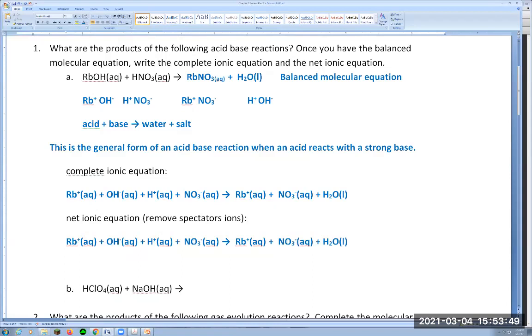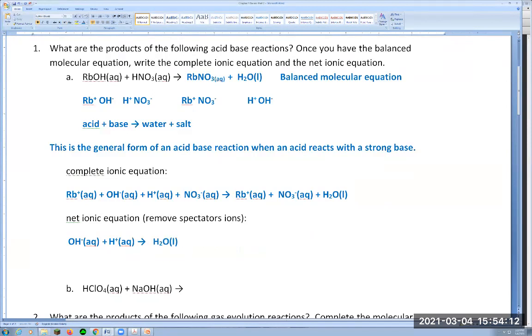So we can see here on the right side, we have rubidium, and on the left side, we have rubidium. So we can remove rubidium. It's the same on both sides. Nitrate, we have nitrate on the right and nitrate on the left. Same, so we remove them. And that's it.